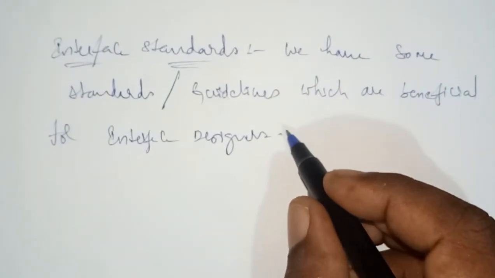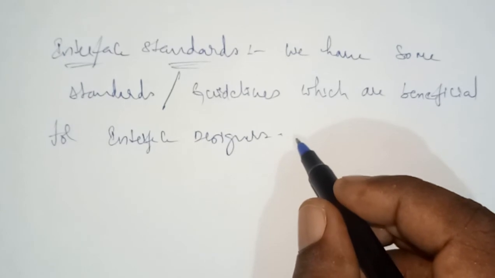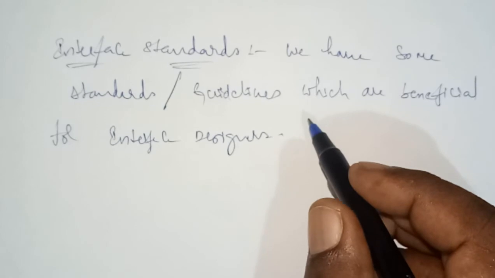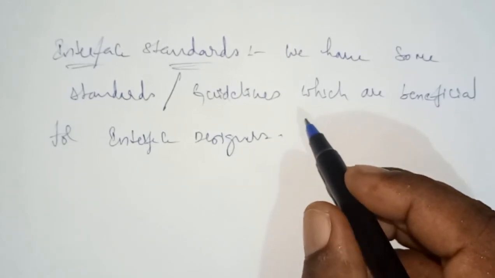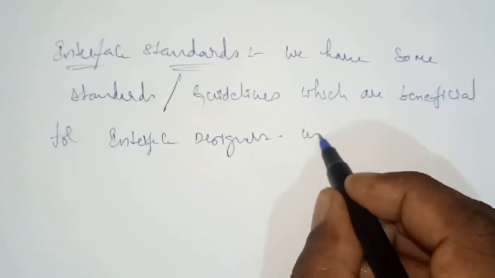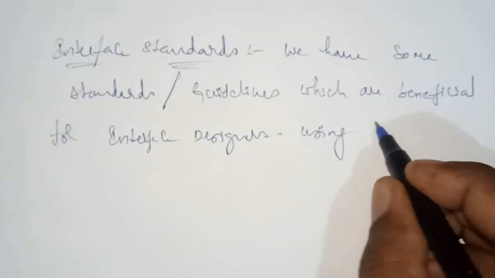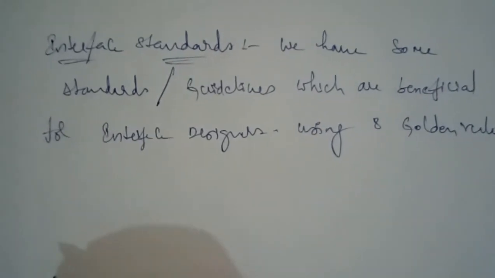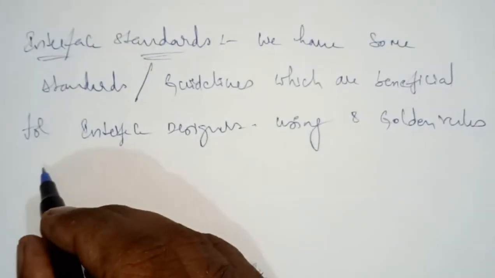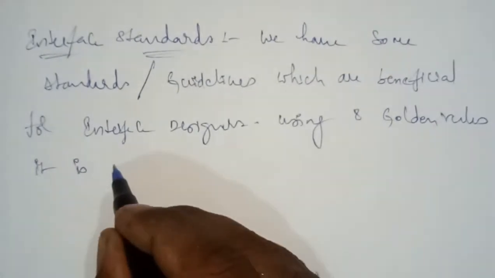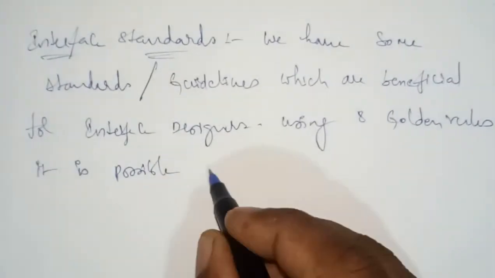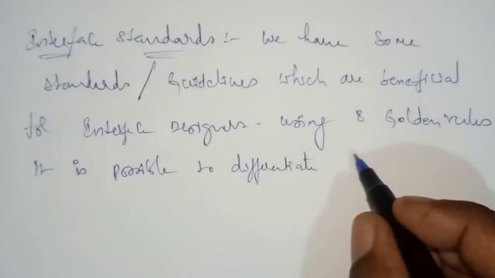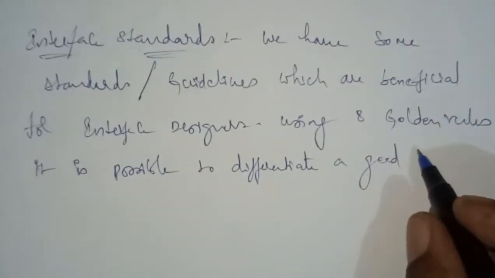We have seen in the previous class the 8 golden rules. By following these 8 golden rules, we can differentiate a good interface design from a bad one.